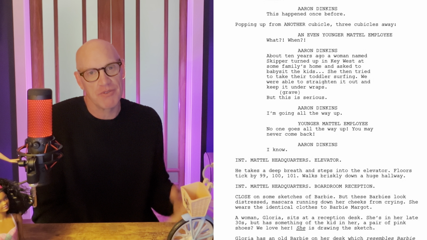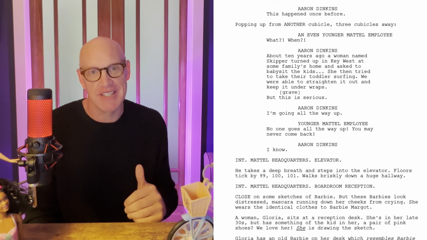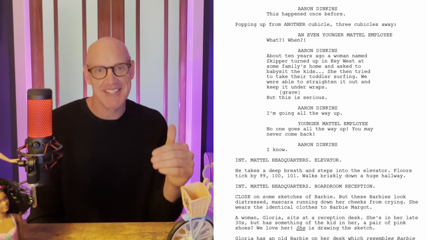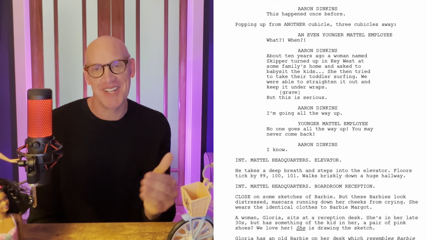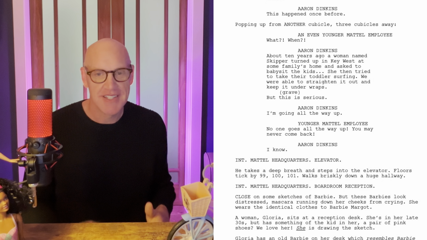They also use character tags to insert even more comedy into the screenplay, as if it needed it. Page 38, we see here, we already have a Mattel employee. The next person that talks is younger Mattel employee. And then the next person who talks is an even younger Mattel employee. So instead of employee 1, employee 2, employee 3, it's always delivering that comedy punch, one after another after another.